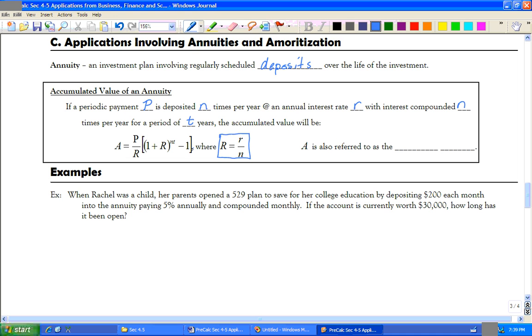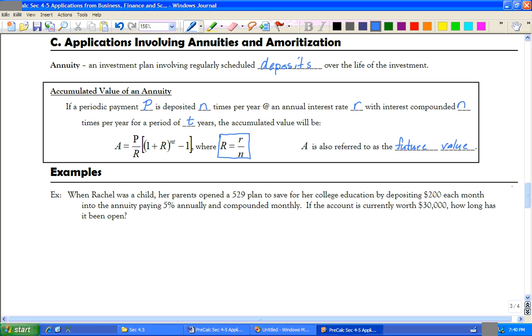This A value, this accumulated value, is also known as the future value of your investment. So if you take any business courses, you're going to see these types of equations show up when you're trying to figure out what's the future value of my investment to see if it's worthwhile.